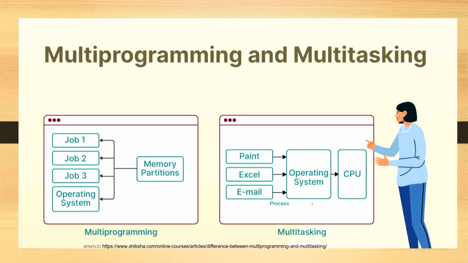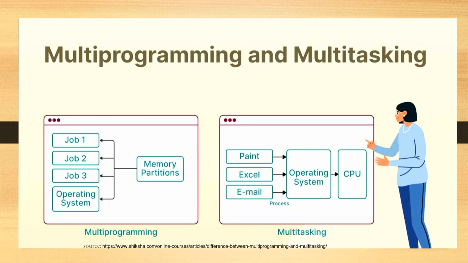Whereas in the case of multitasking, different processes like Paint, Excel, email are executed by the operating system at a given time. That's why its name is multitasking, meaning more than one task is executed at a given time. Whereas in multi-programming, a larger number of programs are accommodated into the memory for execution.